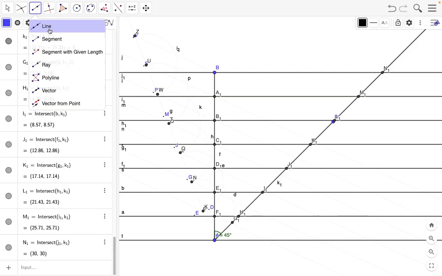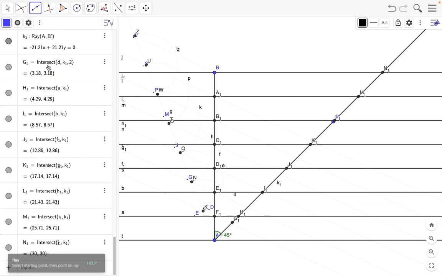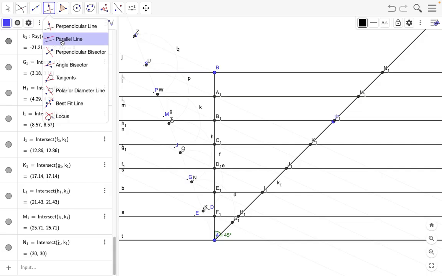Now what we will do, we will simply draw lines, so here there will be perpendicular lines we will draw.